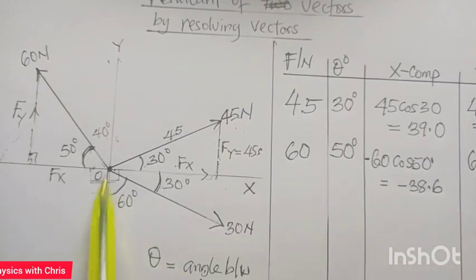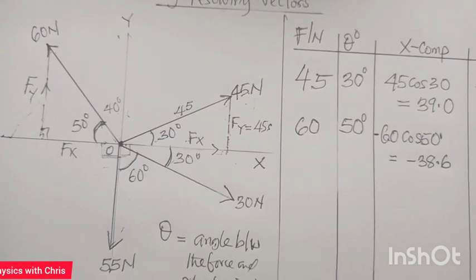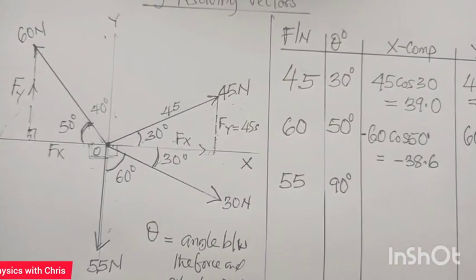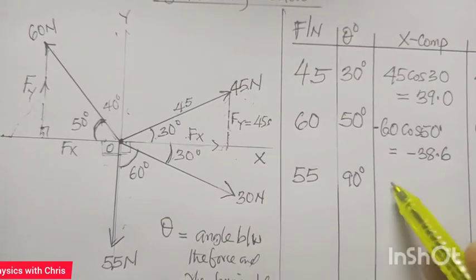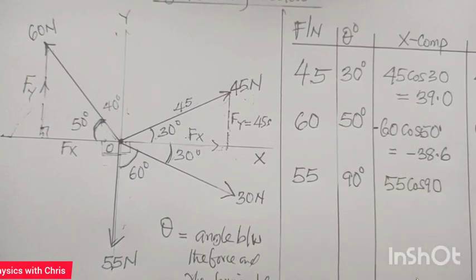Okay, the next vector I want to resolve is the one acting vertically downwards along the negative y-axis. I'll put that as 55 Newton. The direction is 90 degrees. Now this vector is acting vertically downwards. The x component will be 55 cos 90. If you check your calculator, cos 90 is 0.